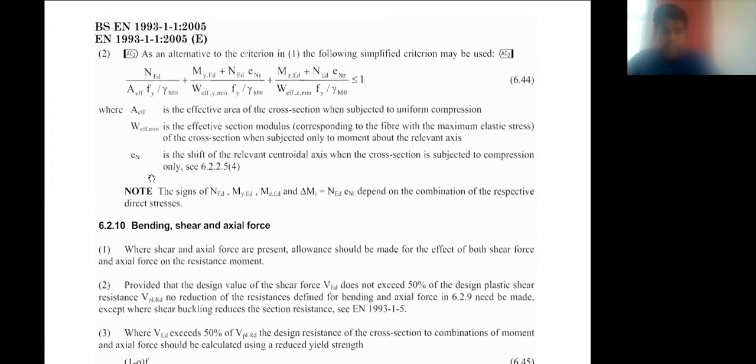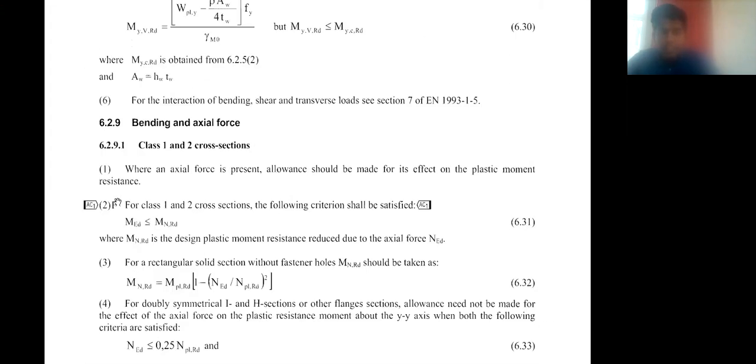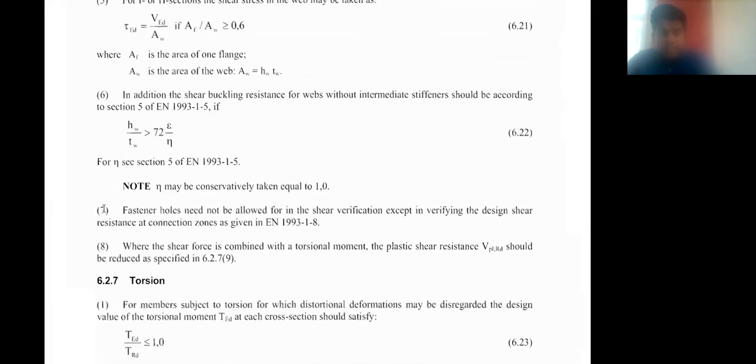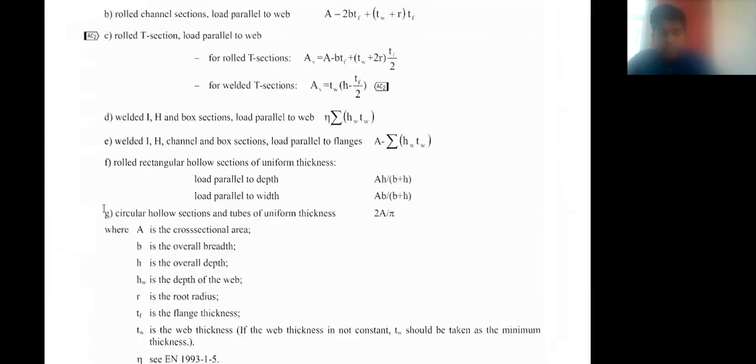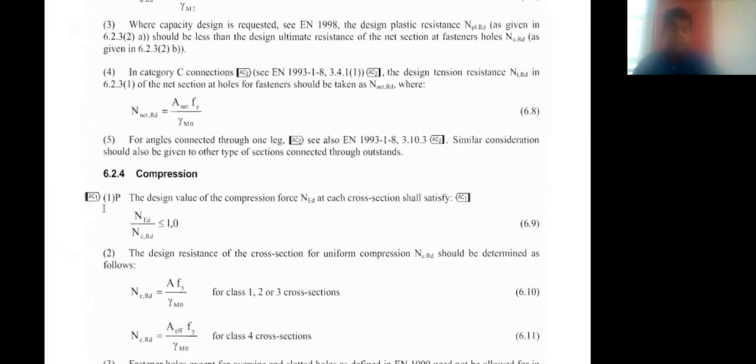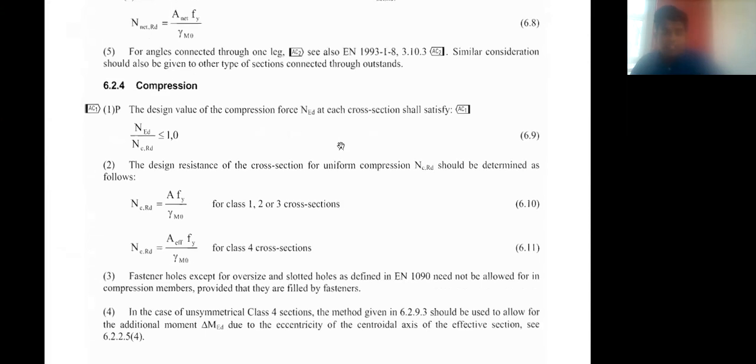Then if you look at 6.2.4, the first criterion is NEd should be less than or equal to Nc,Rd.